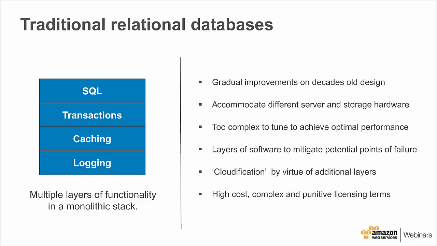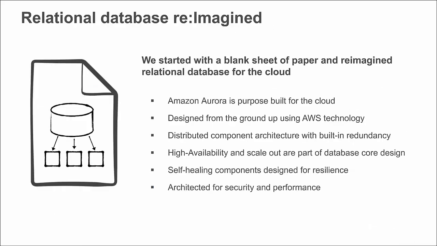We thought we could do a much better job redesigning the database, making it completely different from how the traditional relational databases work underneath, but still providing similar functionality at a much higher and better rate. So Amazon Aurora is purpose-built for the cloud, using cloud technology, designed from the ground up, making the best use of what AWS has available.